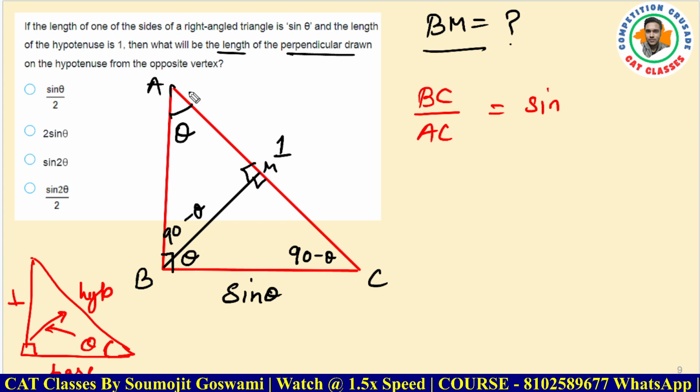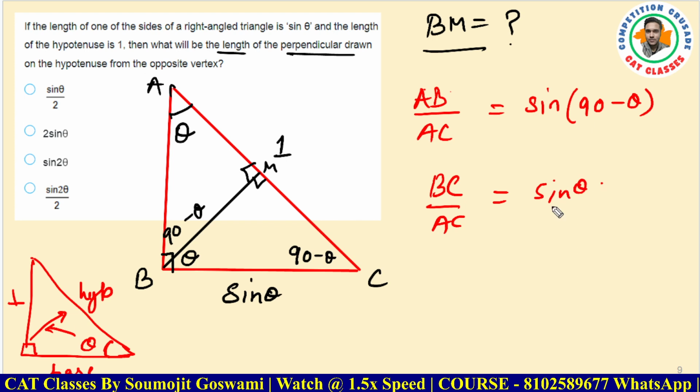BC upon AC is going to be sine theta, perpendicular by hypotenuse. What about sine 90 minus theta? If the same question is asked, what about sine 90 minus theta? You will get AB by AC. So BC by AC is sine theta.